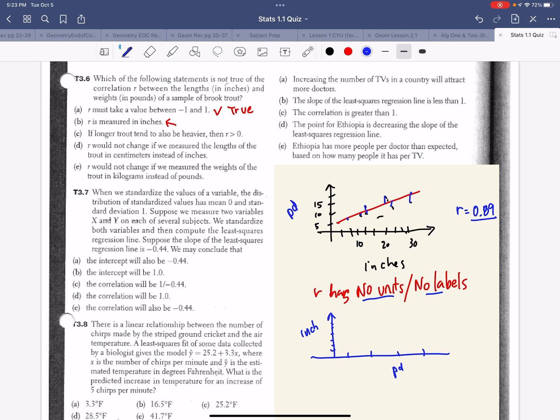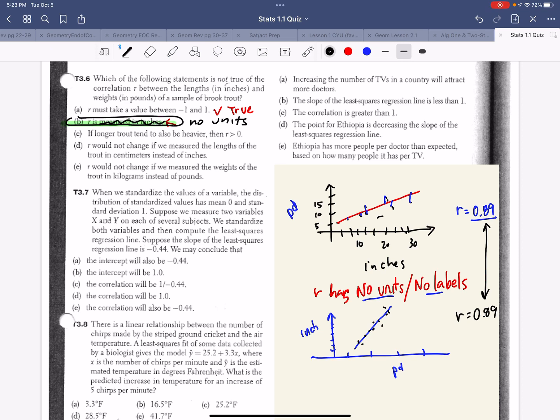We know that the slope would change, but the distance the dots are away from the line would be the same and R would stay the same. So again, this tells us R has no units. So that is our answer. R has no units. That has to be false. It's not measured in units.